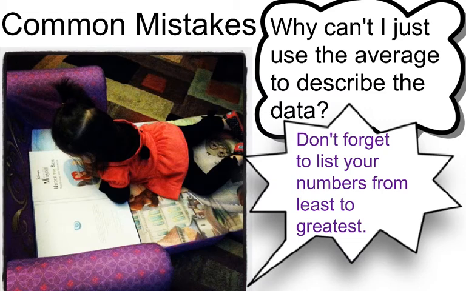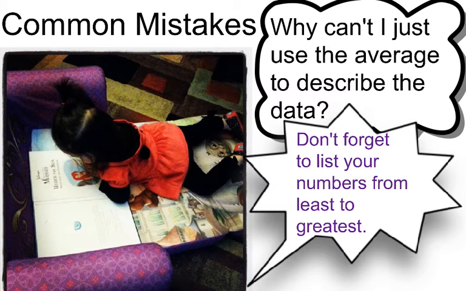They'll forget to list them first from least to greatest. So that's a really common mistake. Mode, M-O, mode, most, both start with M-O, so there's a good way of remembering that. And range, usually students can distinguish that one differently because of course it doesn't start with an M, which helps.